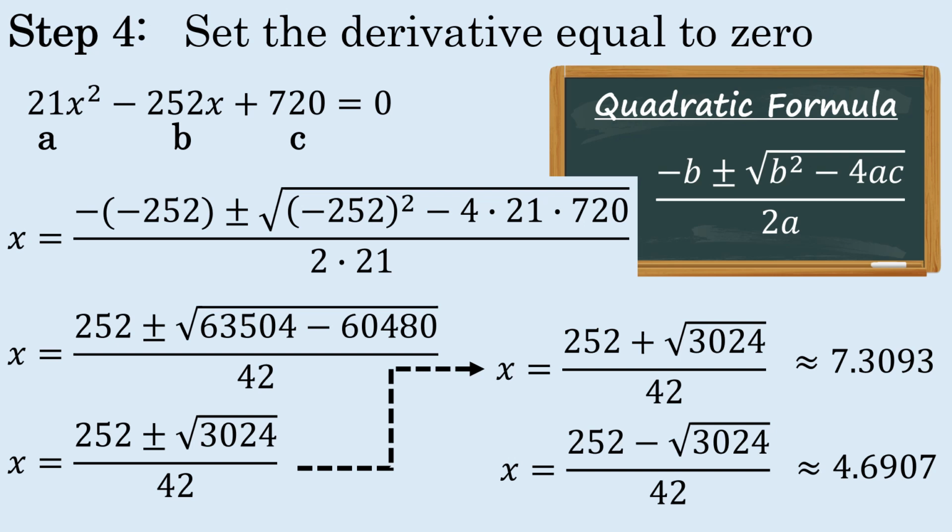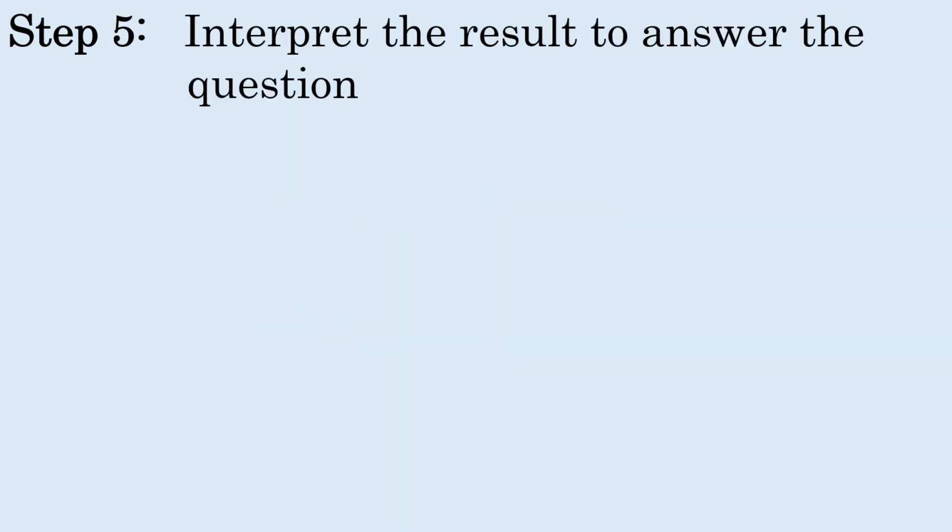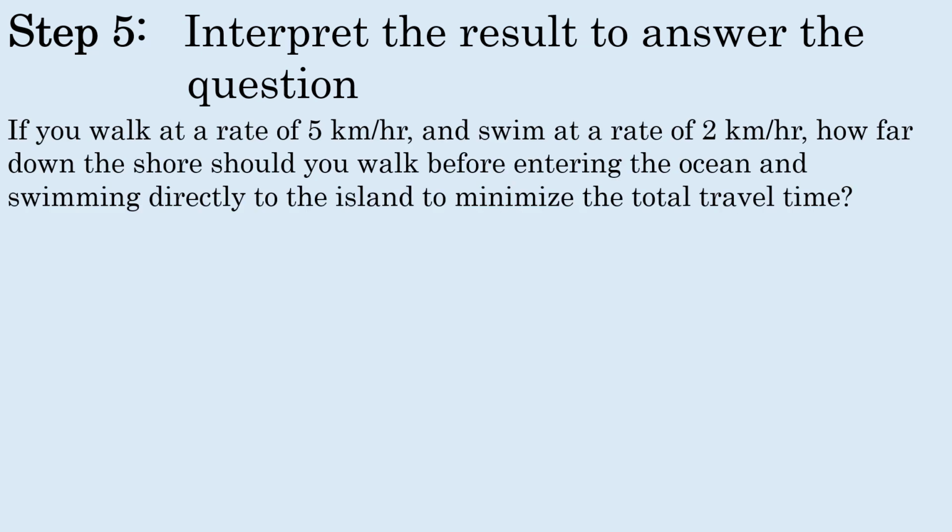We'll answer the question in step 5 now. I described step 5 as interpret the result to answer the question. So remember that the question here was, if we walked at a faster rate, 5 kilometers per hour, and swam at a slower rate, 2 kilometers per hour, how far should you walk down the shore before entering the ocean and swimming directly to the island to minimize the total travel time?